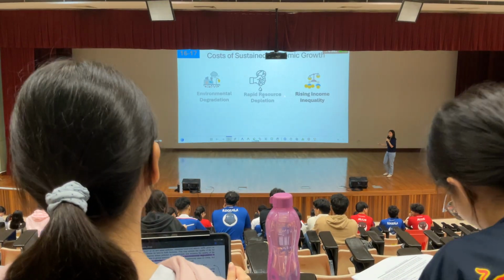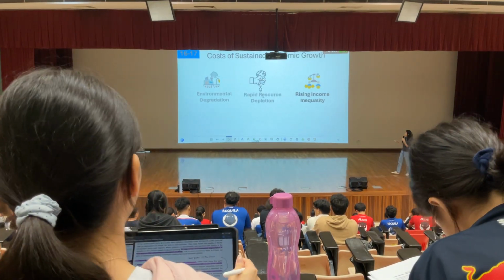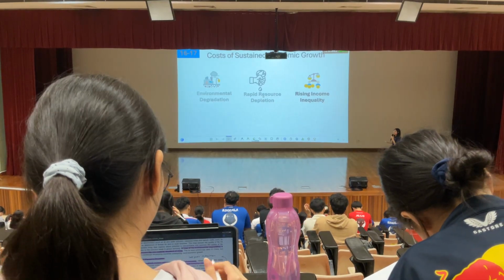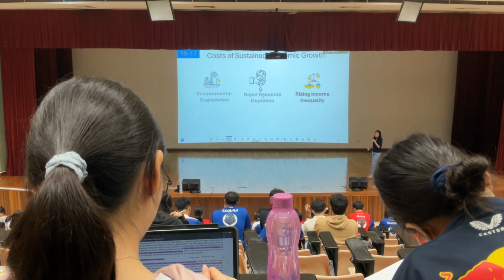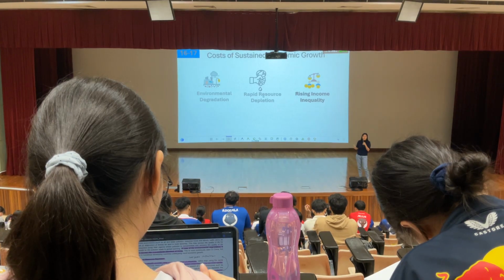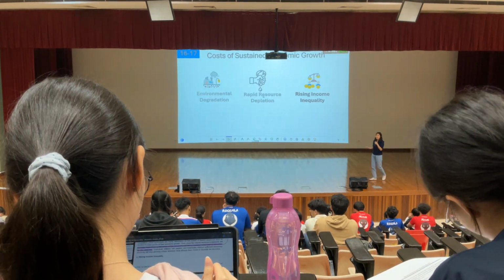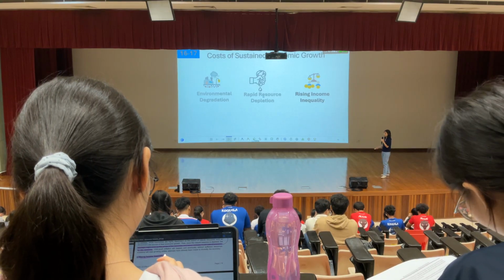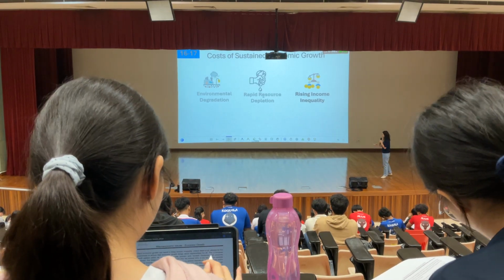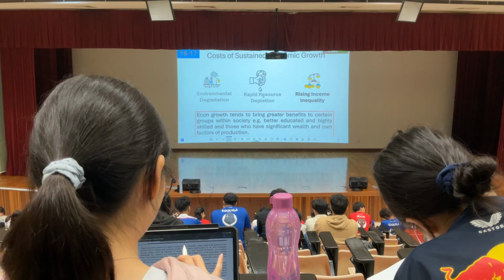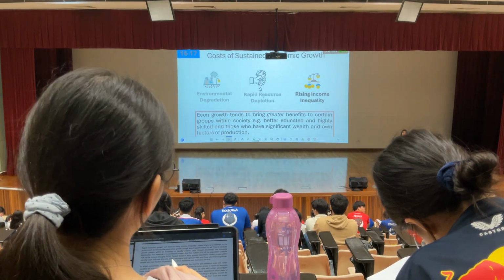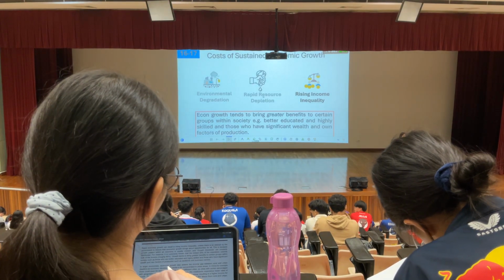Last one, another cost of high sustained economic growth is that it will worsen income inequality. As we all know, when there's economic growth, it doesn't benefit everyone equally. Some people will benefit more from growth. Who are these people? Generally, people who are more skilled and more educated, they could be working in sunrise industries that are booming.